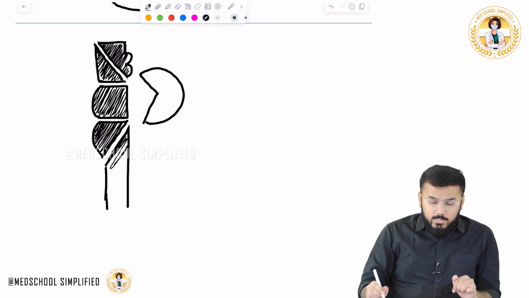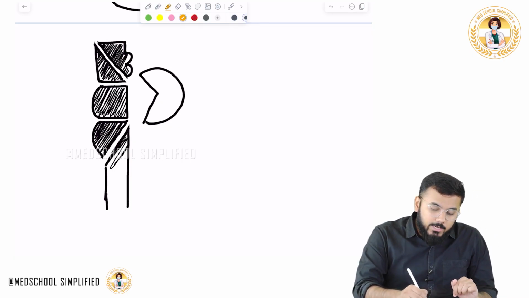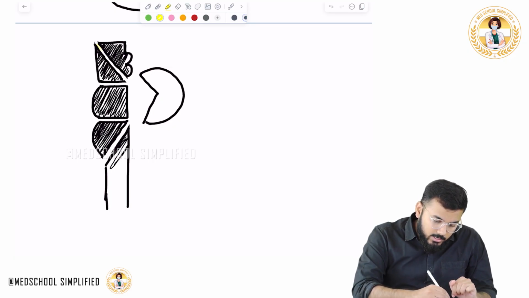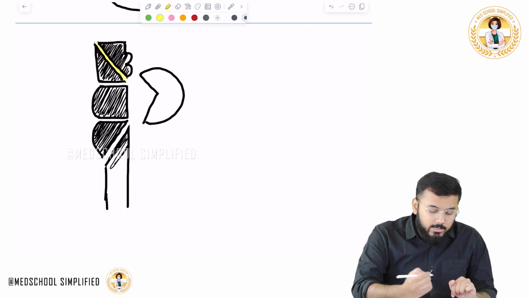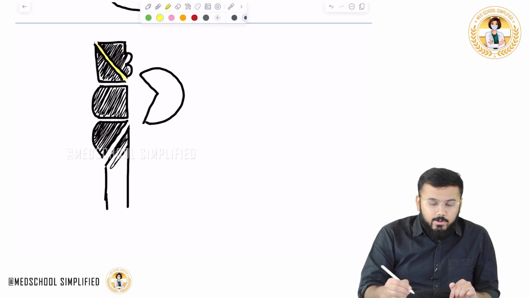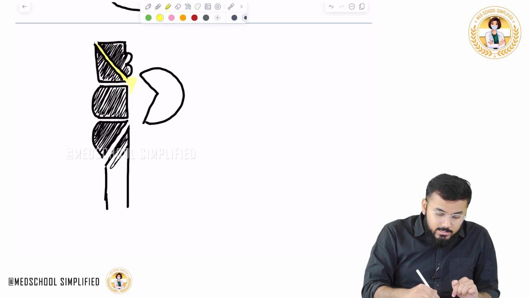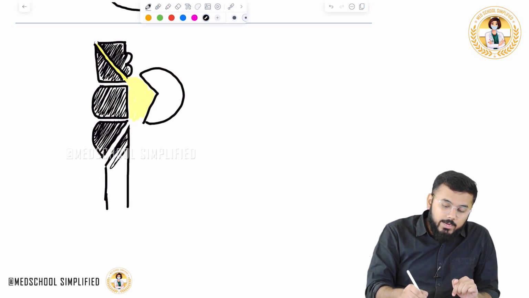Now you see this continuing passage over here. In the midbrain, you have got a duct here. This duct which is located in the midbrain is called the cerebral aqueduct. And the cerebral aqueduct is continuing into this particular part. You see a wide cavity. What is this wide cavity called? This wide cavity is nothing but your fourth ventricle.